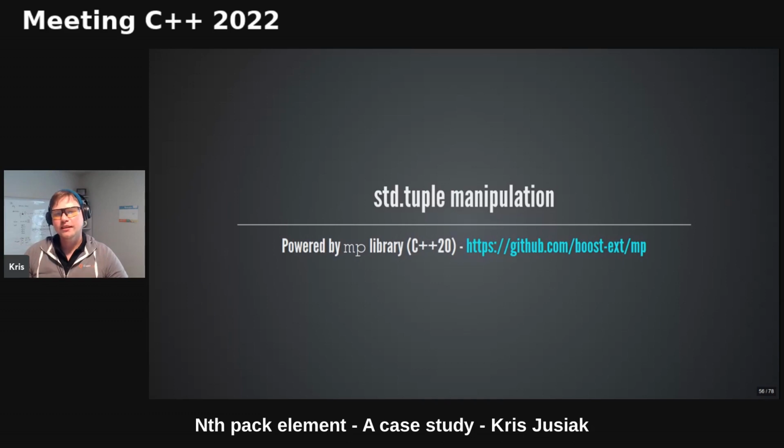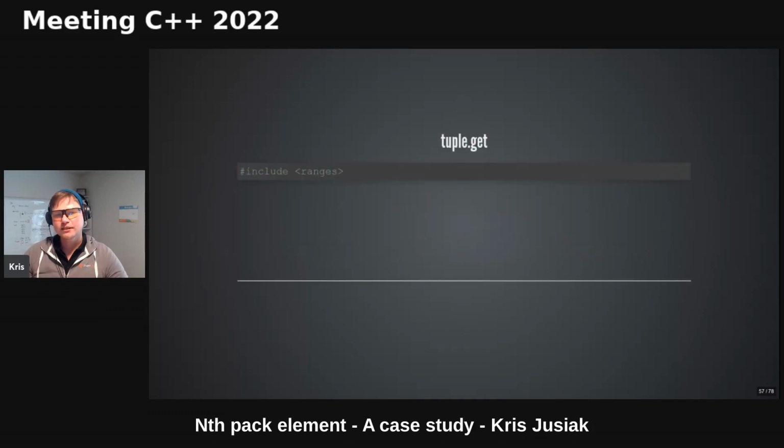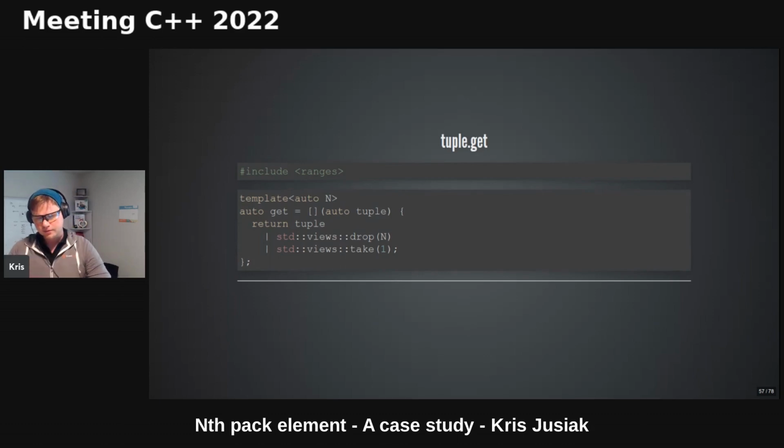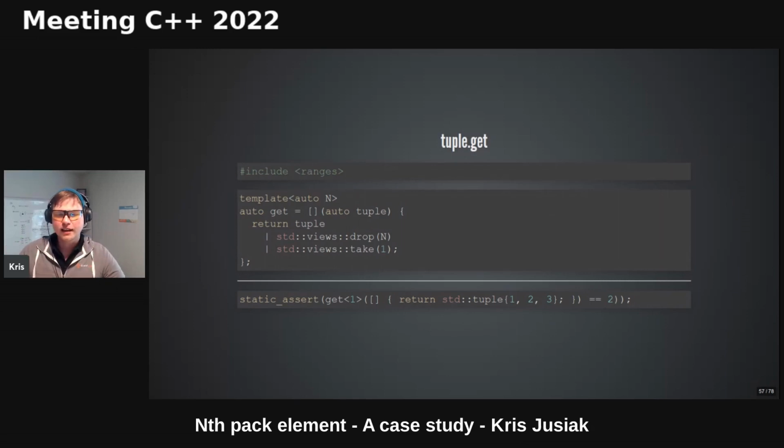Just quickly, tuple manipulation. It showcases what can be done with C++20, that we can manipulate tuples with ranges. It's not really important. It's more an advertisement than anything else at that point of the presentation, because I don't have enough time. But the idea is that we can apply std ranges to get tuple manipulations and type manipulations with ease.